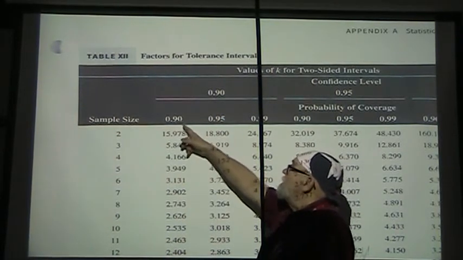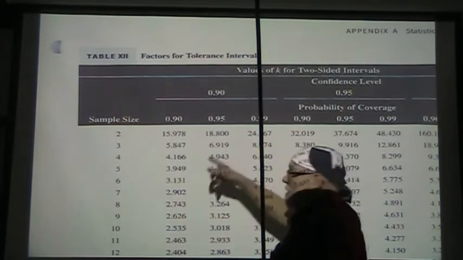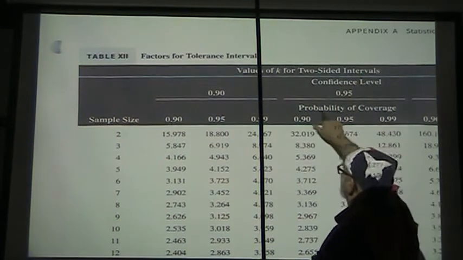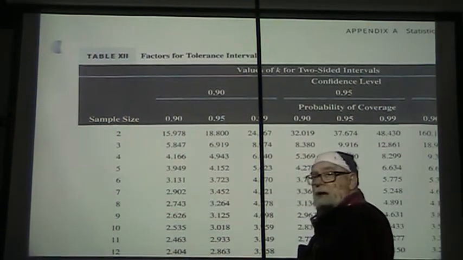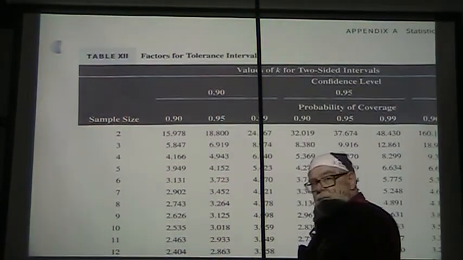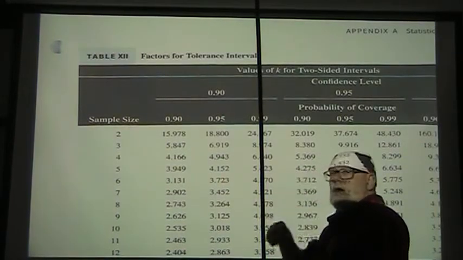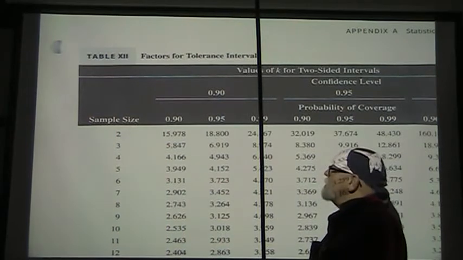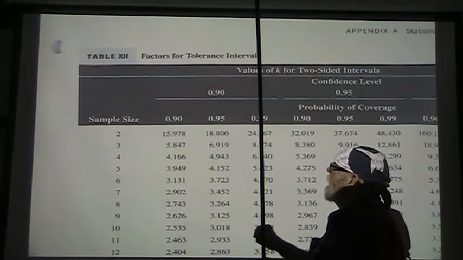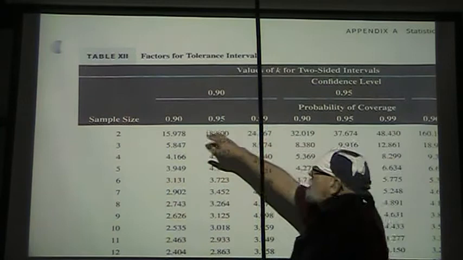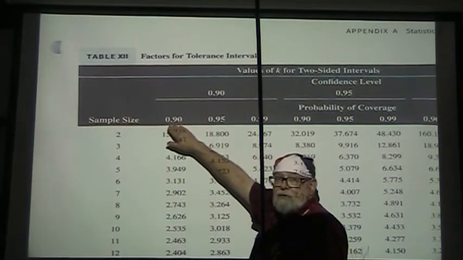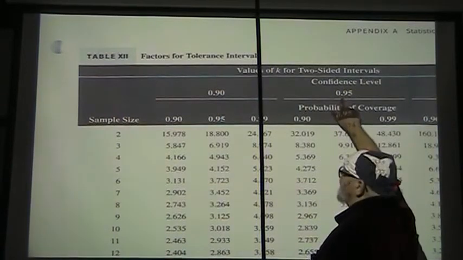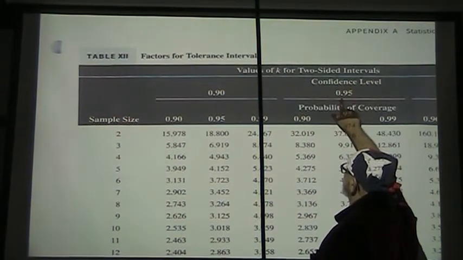And then down below, we have our probability of coverage, right? So in our problem that we saw before, they wanted 90% coverage. So they wanted to cover 90% of coverage with 95% confidence.